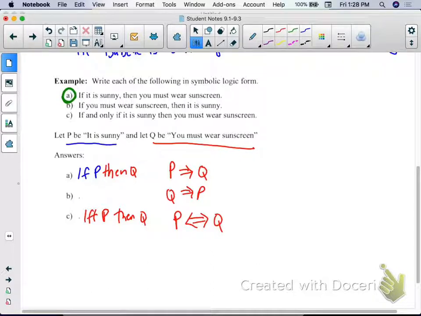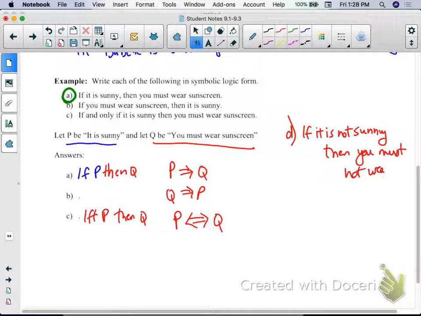Now later on we will have some notation for when it's a not scenario, but let's say that we did the first one there for A, or let's put in a D. Okay, so let's say that D is if it is not sunny, then you must not wear sunscreen.